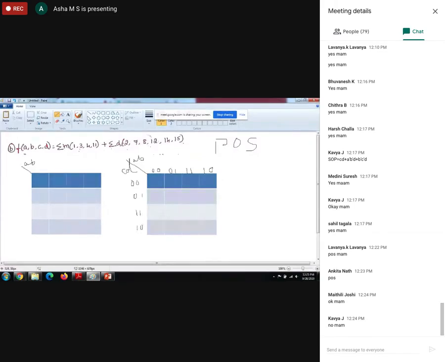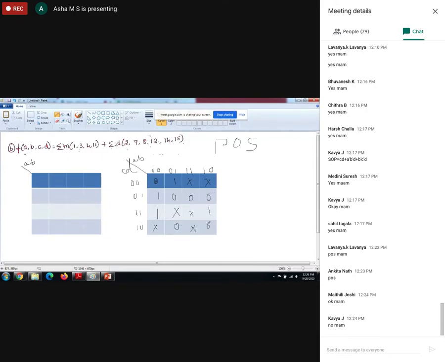In these places place ones, in these places place don't cares. 0 is not there, 1 is there, 2 is there, 3 is there, 4 is there, 5 is not there, 6 is not there, 7 is there, 8 is there, 9 not there, 10 not there, 11 is there, 12, 13 not there, 14, 15. Okay, remaining all cells are 0.